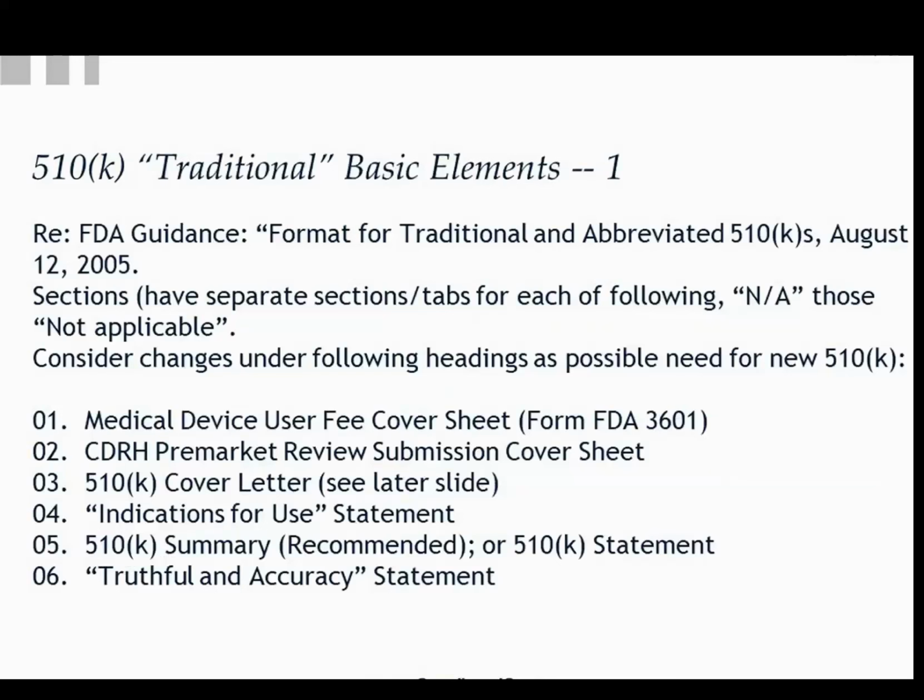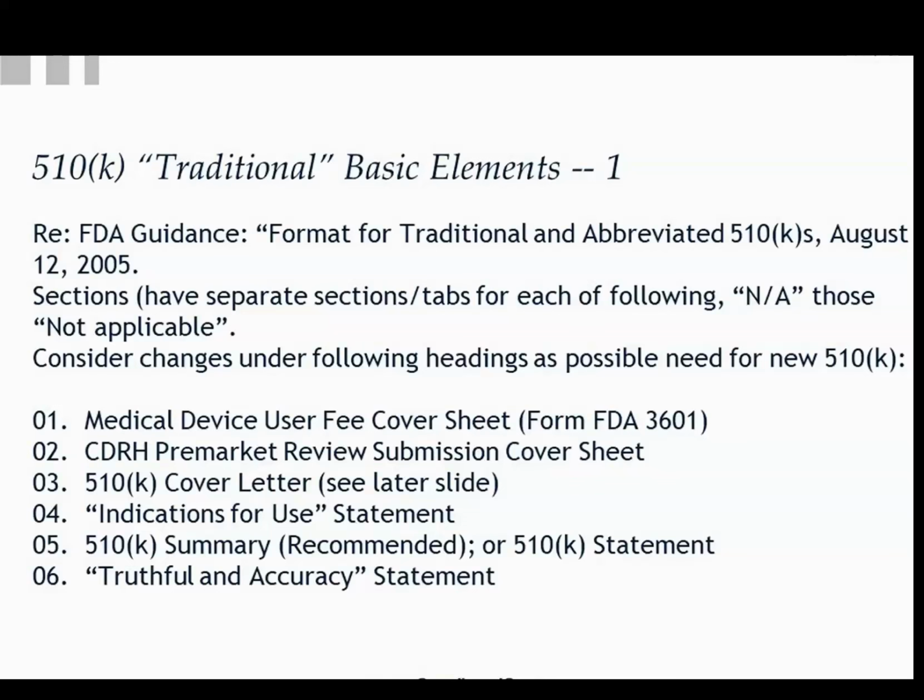The cover letter would be an overall document you want to look at to see what the issues were when you originally filed. The indications for use statement is a key document you want to look at to see if that's changed. Your summary or your statement, and in most cases it would be a summary document, which summarizes the entire 510(k). That would be a document you want to look at too to see if your change is significant.